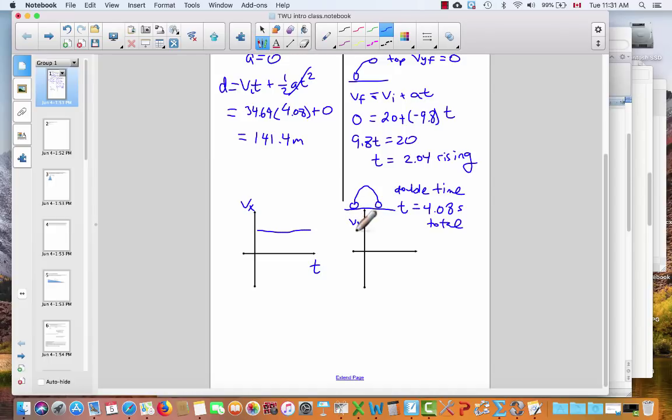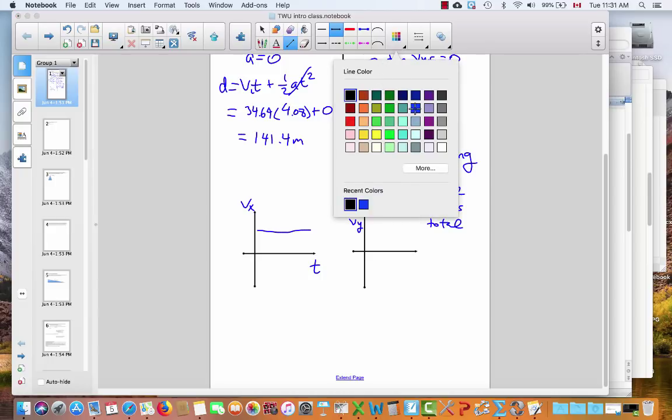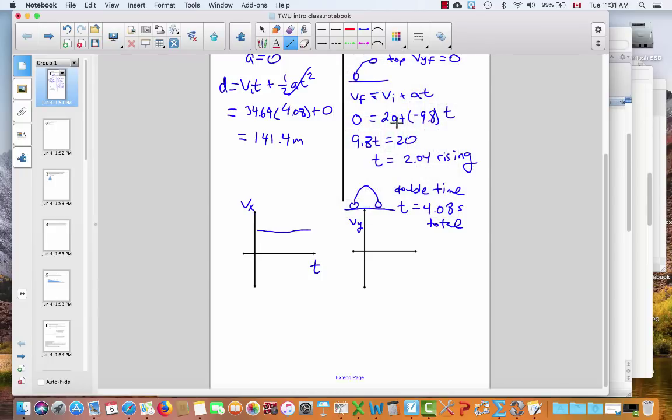The y velocity is a little more complicated. Here, I'll use the line tool for this one. For the y velocity, it starts at 20 upwards, and then it decreases to 0 as we rise, and then it actually goes negative as the object is falling. And since rising and falling are symmetric, right here, so this is the 2.04 seconds, and right here, this will be the 4.08 seconds on the time axis.